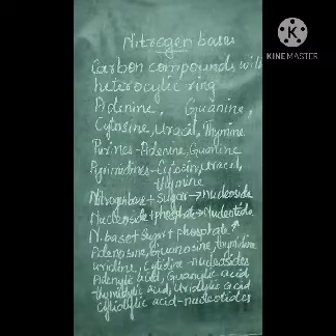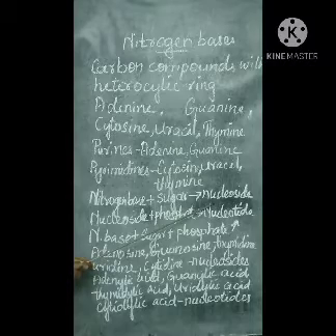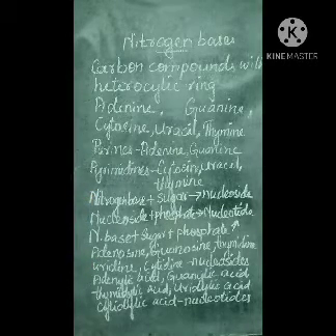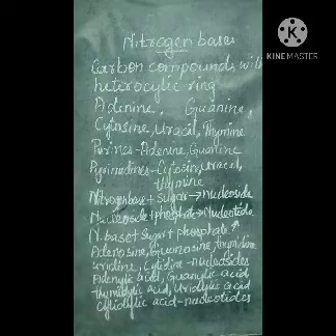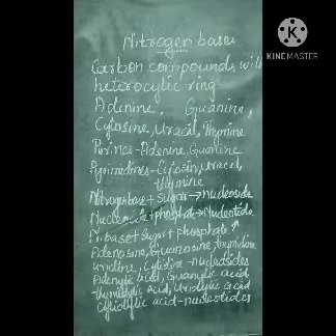Okay. When a nitrogen base combines with the sugar, it forms the nucleoside. The nitrogen base can be any one of these: adenine, guanine, cytosine, thymine, any one nitrogen base. When it combines with the sugar, it forms the nucleoside. The sugar present in DNA is deoxyribose sugar, and the sugar present in RNA is ribose sugar.